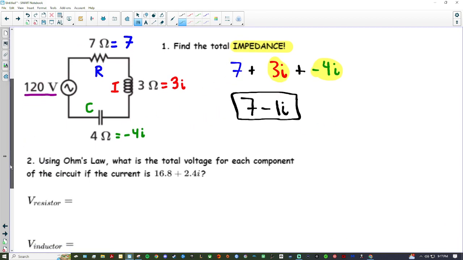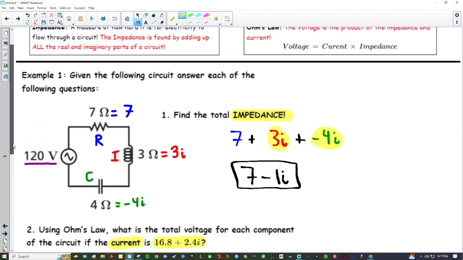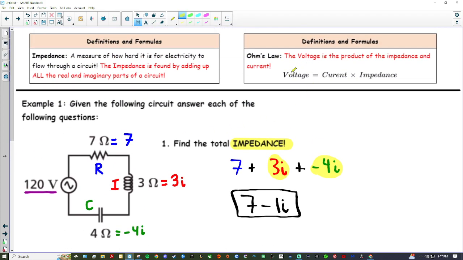The second question asks us to find the total voltage for each component of the circuit, and it's given that 16.8 plus 2.4i is our current. So if we go up and take a look at Ohm's law, it says the voltage is our current times the impedance.